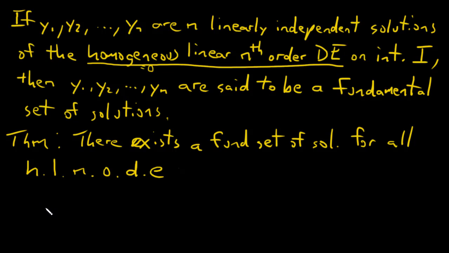So let's see now. Now we're going to have some of the payoff for establishing this. Okay, so I'm going to have to write a lot. Bear with me. New theorem. Here we go.